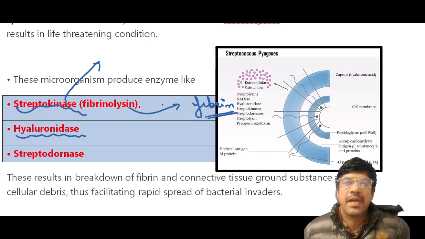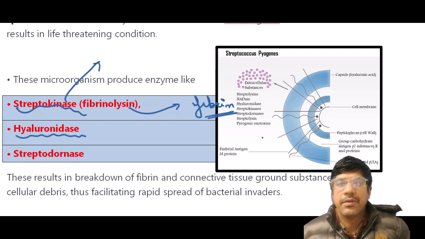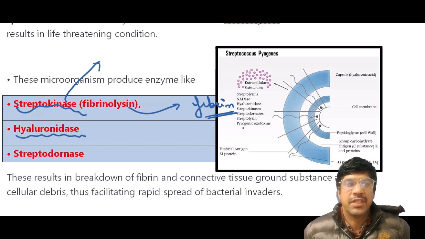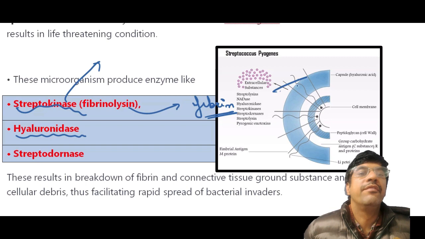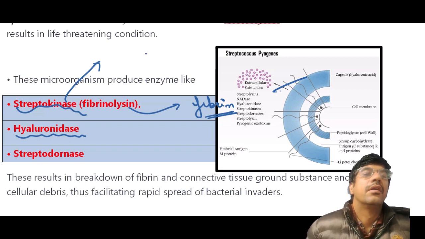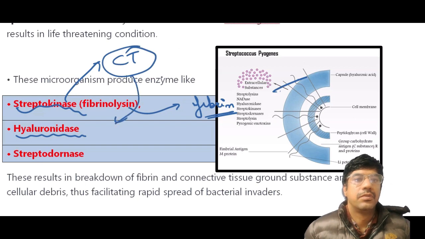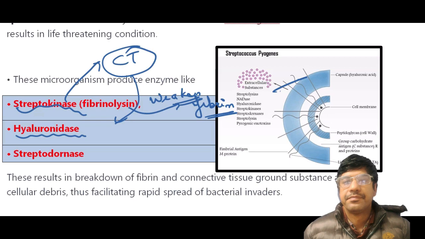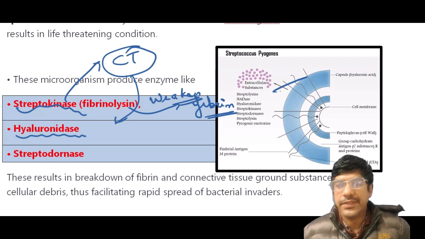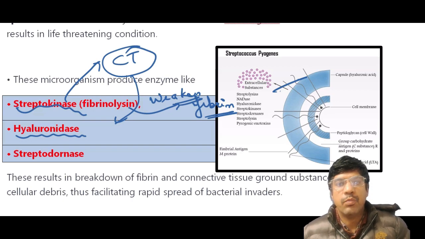Breaking this down, hyaluronidase would weaken the structure of the connective tissue. That will allow the bacteria to move more easily through these tissues. That results in a rapid spread.